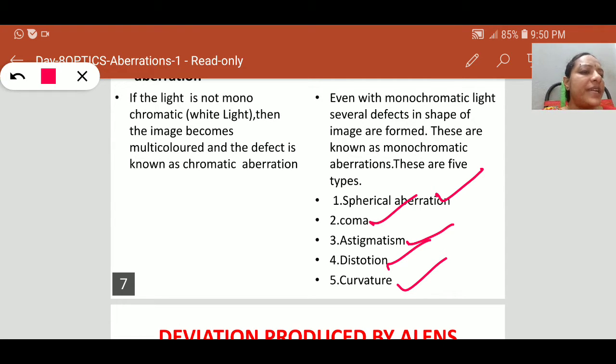These monochromatic aberrations depend upon the optical system. Let us discuss first the chromatic aberration. Chromatic means when we use a white light to illuminate the object, how does this chromatic aberration form.